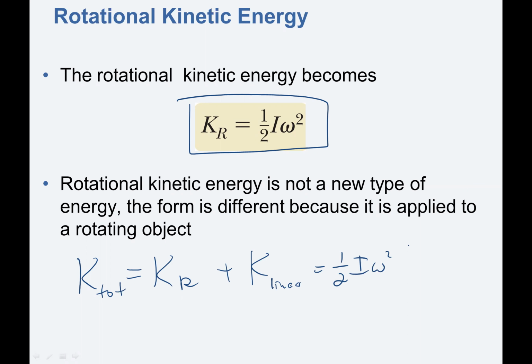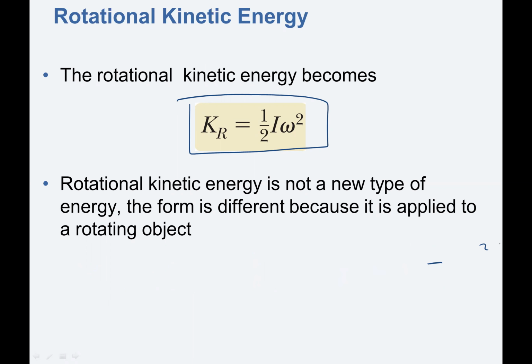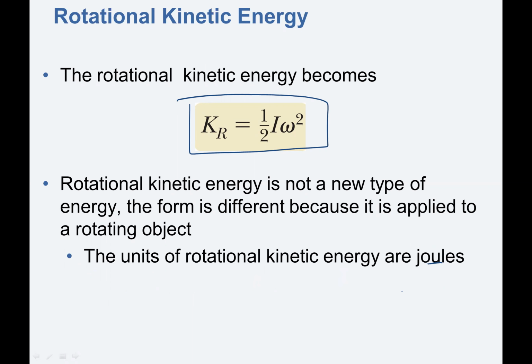But if it's rotating and moving at the same time, like a soccer ball spinning on its axis but also moving linearly, I can also calculate 1/2 mv squared. This part is due to its rotation, and this part is due to its linear motion, so you can combine those two quantities together. The unit is still joules because it's still kinetic energy.